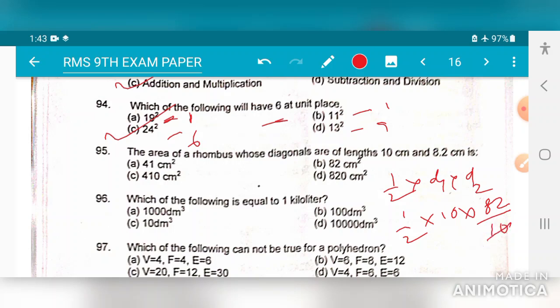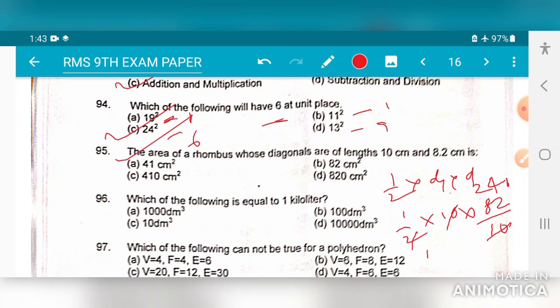This 10 gets cancelled, and 2 ones are 2, 2 fours are 8, so 41. Right, 41 centimeters.